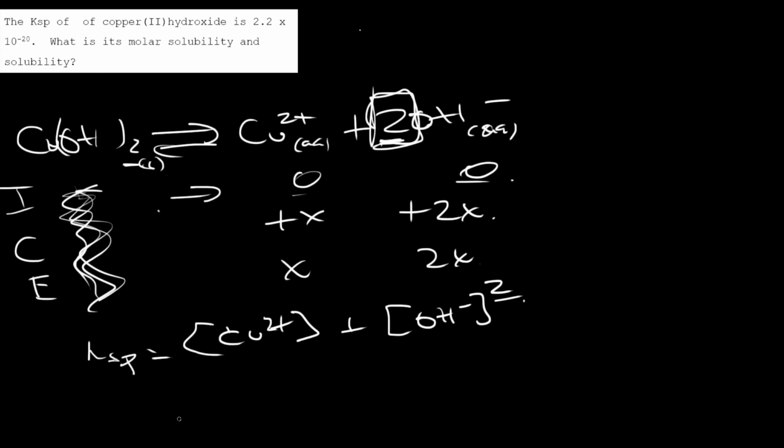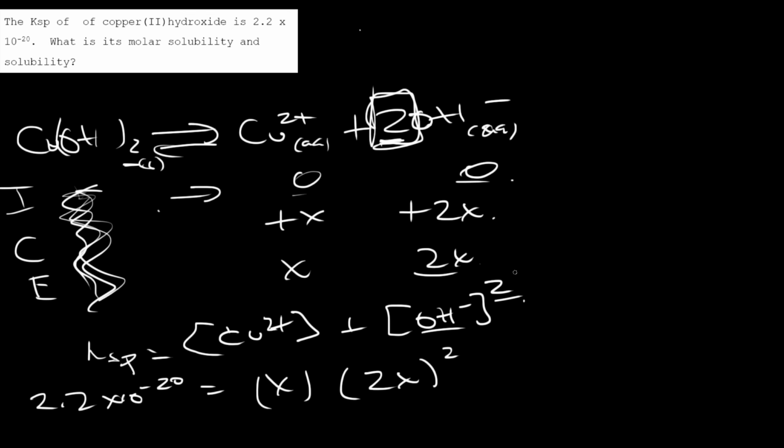Now we can plug in the Ksp value: 2.2 times 10 to the negative 20 equals x times (2x) squared. 2 squared is 4, so this is 4x cubed.